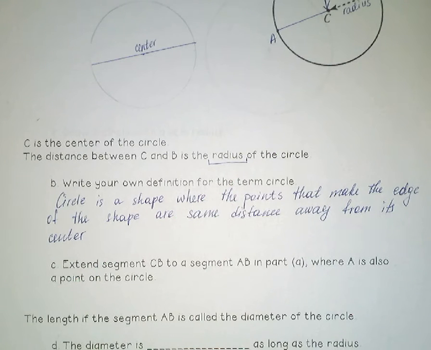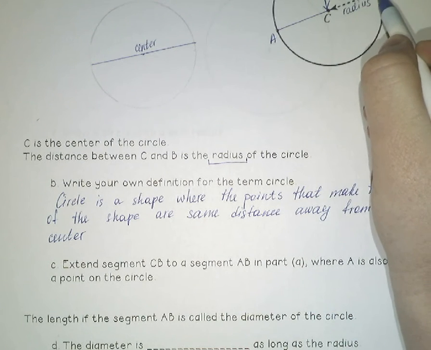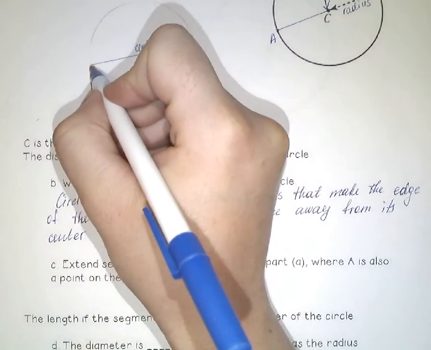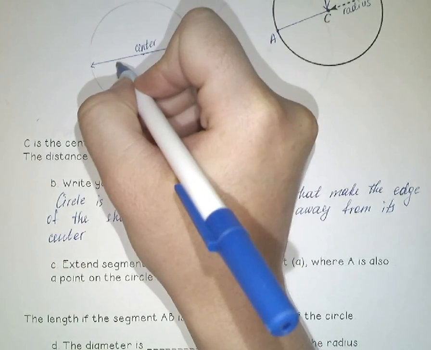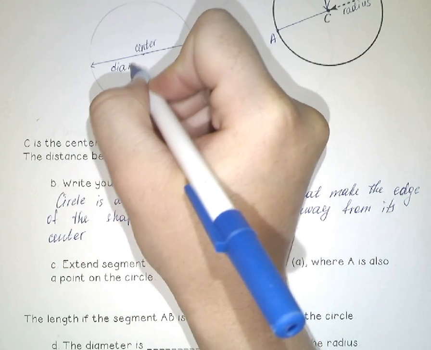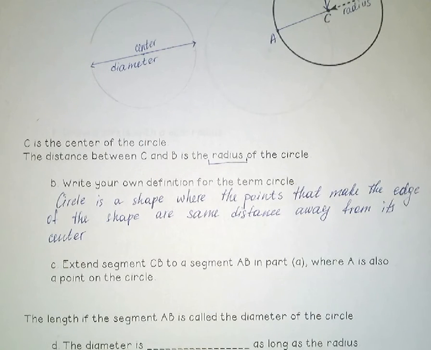The length of the segment AB is called the diameter of the circle. So AB is the diameter of the circle. And what I'm going to do, I'm going to write that right here. This is diameter of the circle.